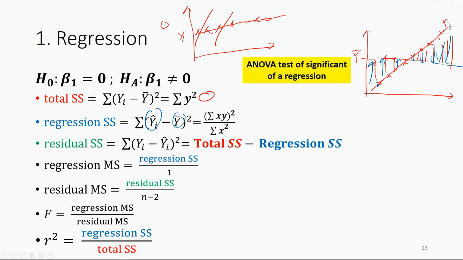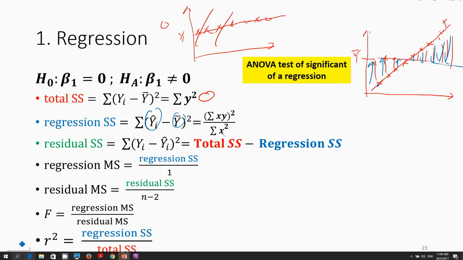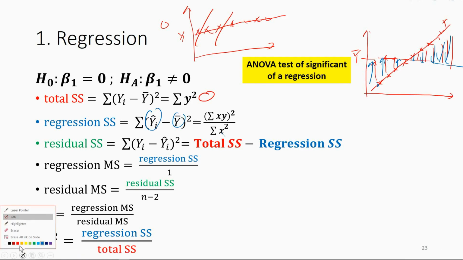Now at least you have a little bit of variation, so you have more total sum of square.